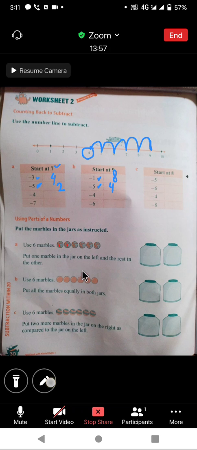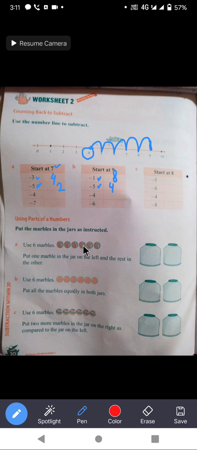4 5 6. Okay, 6 we have to use. So now look here, put one marble in the jar on the left. How many marbles do we have to put in the left jar? One marble only.